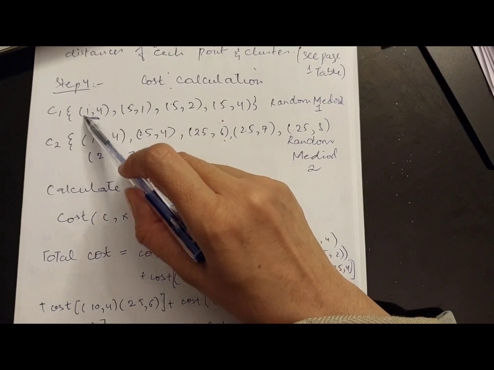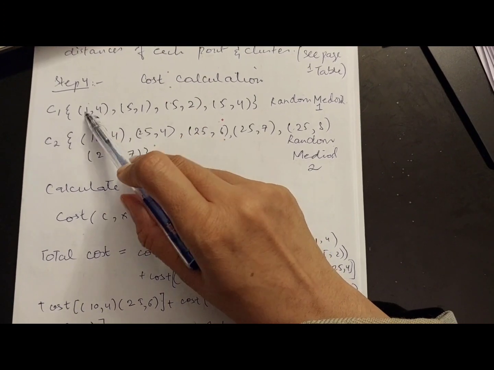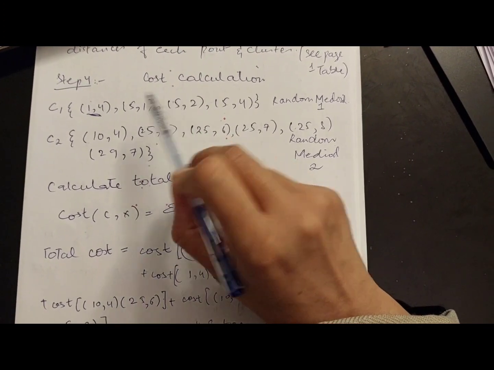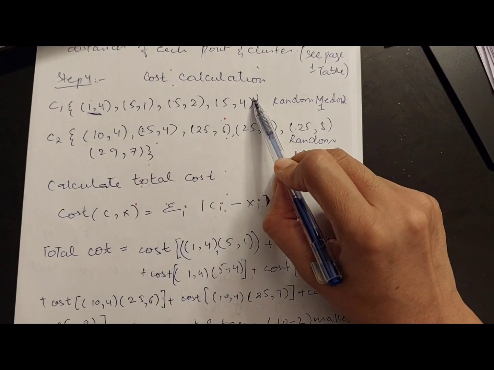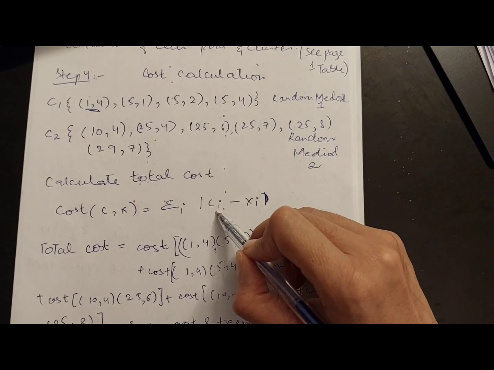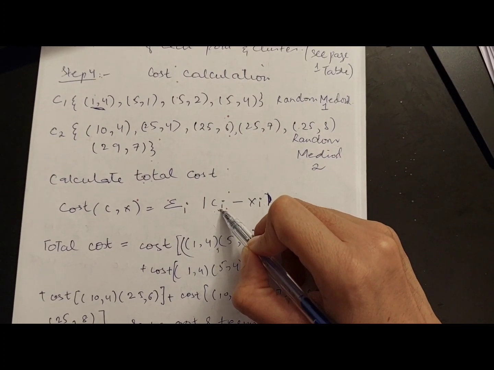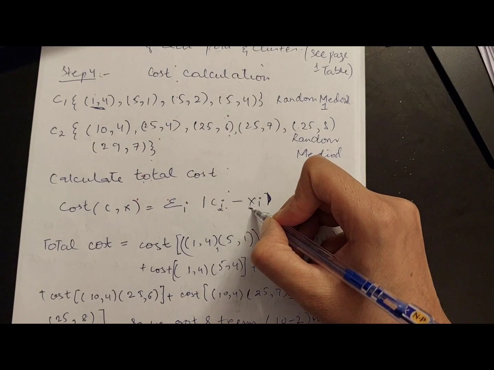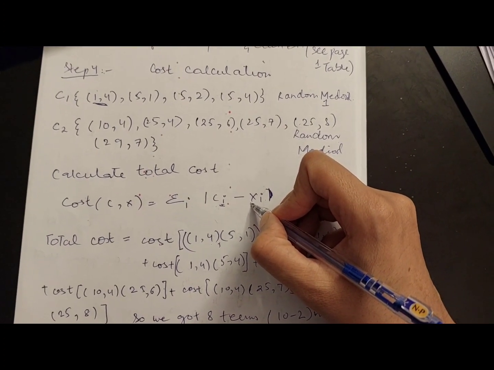The first value is the medoid data point and the second value is the data point from which you are finding out the cost.